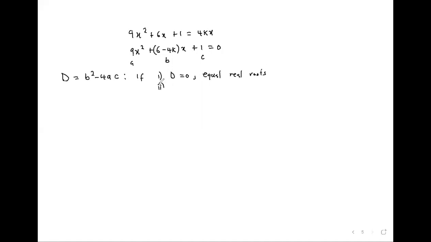If D is bigger than 0, then you have 2 real roots. If D is less than 0, then we have 2 imaginary roots. Things that don't exist. They just exist in your mind. Imaginary.